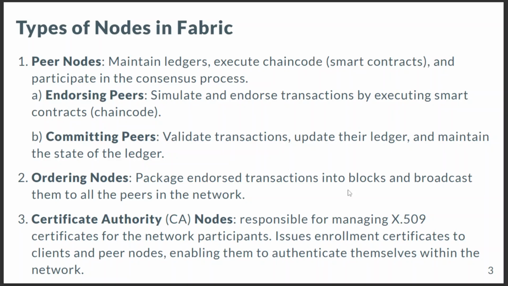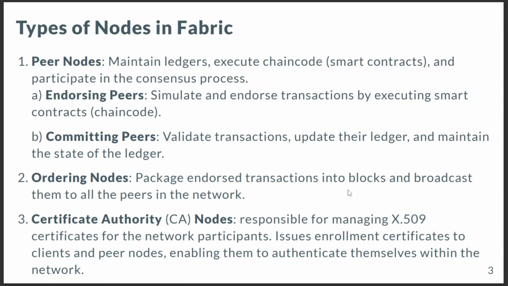Also note that endorsing peers simulate the transactions on the blockchain. Suppose you are calling a smart contract, that smart contract will first be simulated by the endorsing peers. Another thing you should note is that Hyperledger Fabric runs on an execute-order-validate sequence, unlike Ethereum, which is order and execute.